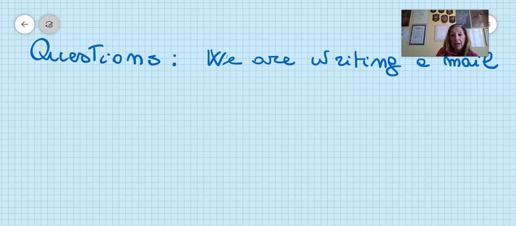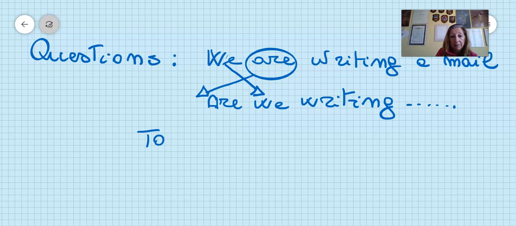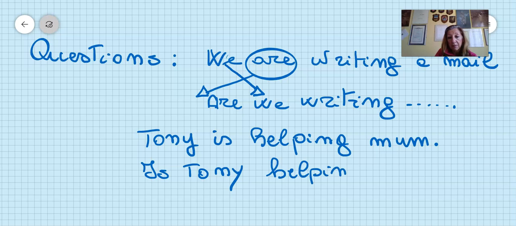Okay, what do I do? I change the position of the verb to be, and I put it in first position, and it is are we writing, etc. So we change the position of the verb to be and the subject. If we have Tony is helping mom, I make a question and it becomes is Tony helping mom?